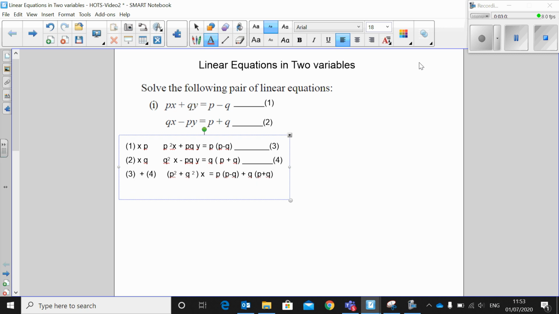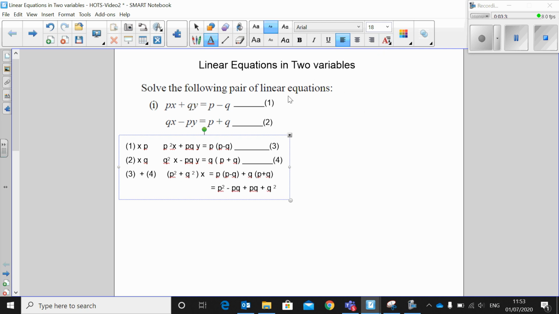So let us simplify this equation. We have p square plus q square into x is equal to p into p, p square, minus p into q, pq, plus q into p, pq again, plus q square. What terms are getting cancelled here?